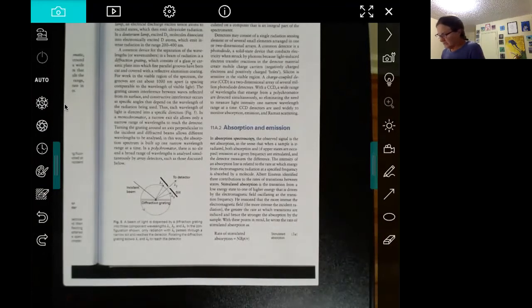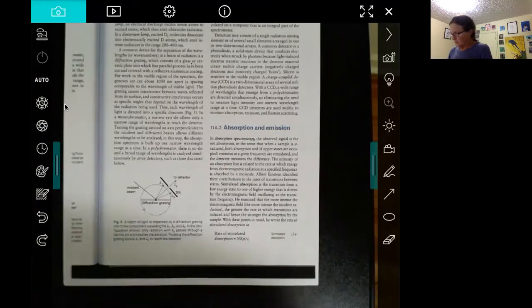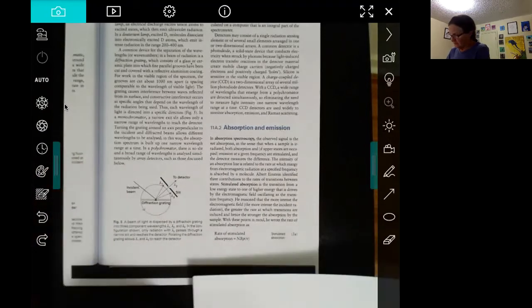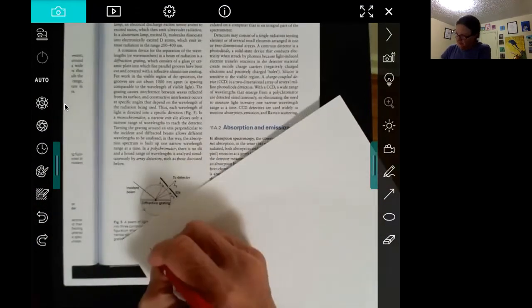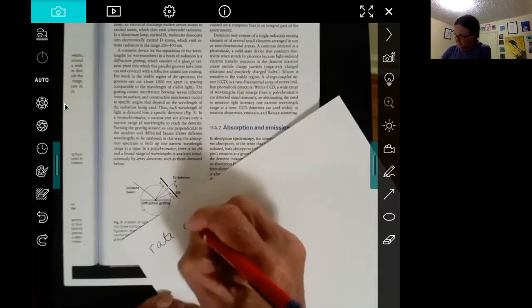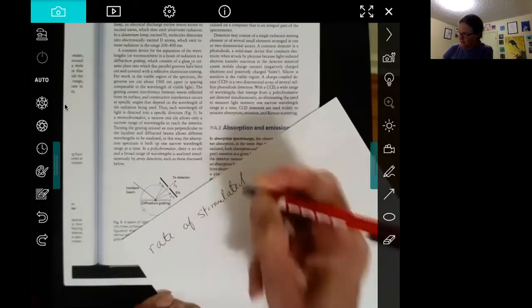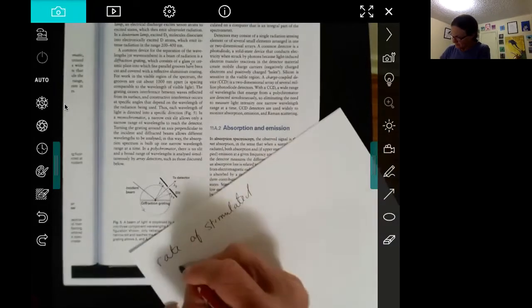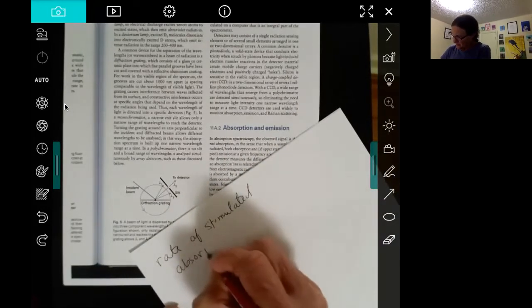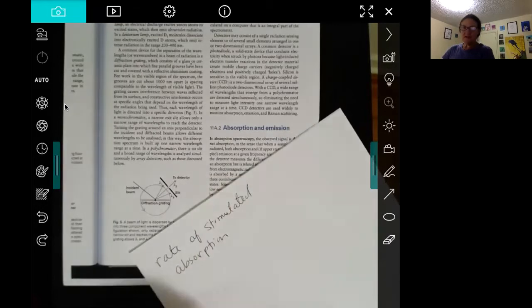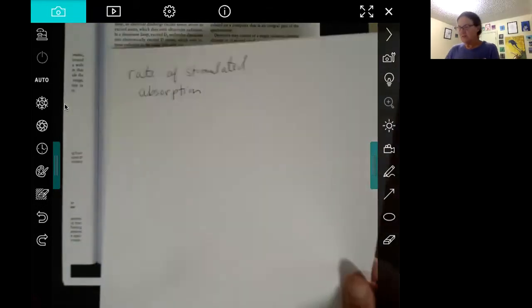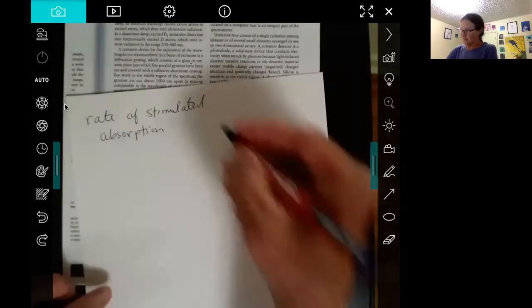And now we're just going to think a little bit about how light is absorbed and emitted, and we're going to go through this derivation. If you have a sample and you pass light through it, you can stimulate the absorbance of that light.